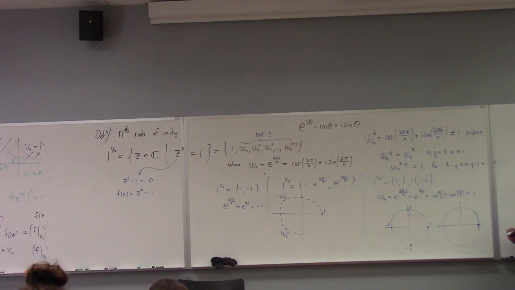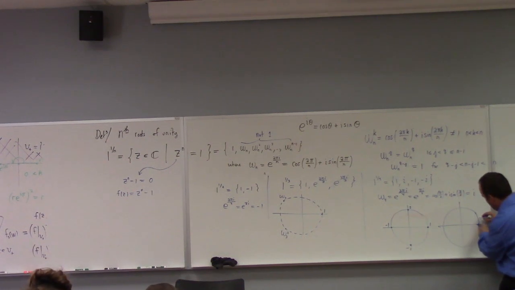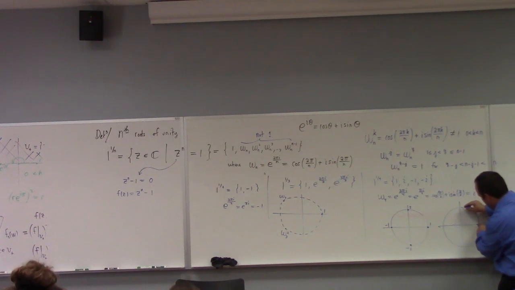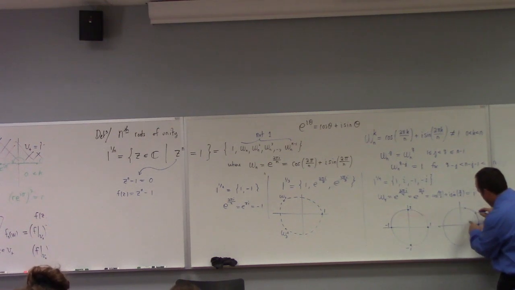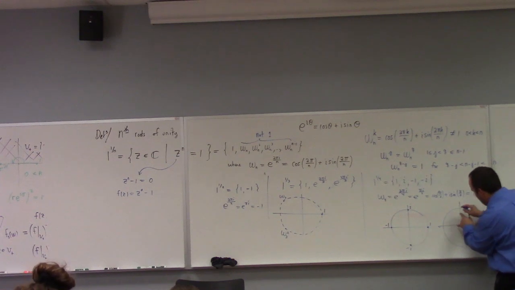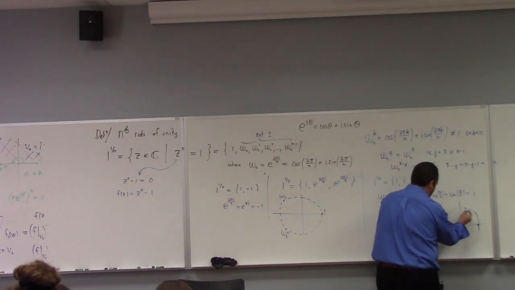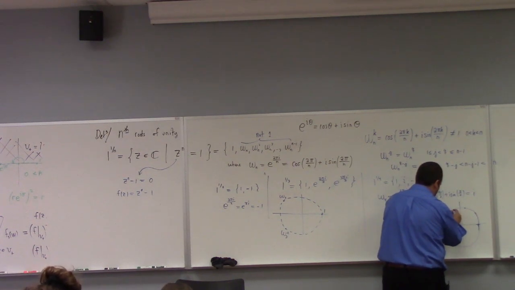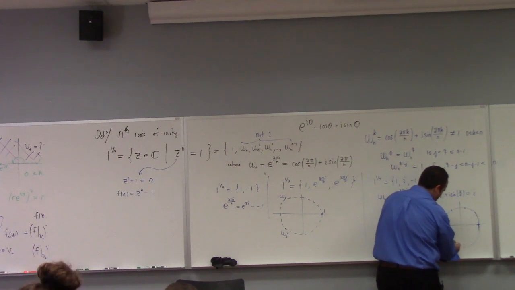So 2 pi divided by 5 is like a fifth of a circle, right? So I've got to go a fifth of a circle around to get to the next one, which is a little bit less than a fourth of a circle. So it's up here somewhere. And then another fifth of a circle, which is over here somewhere, maybe. I'm not sure exactly.